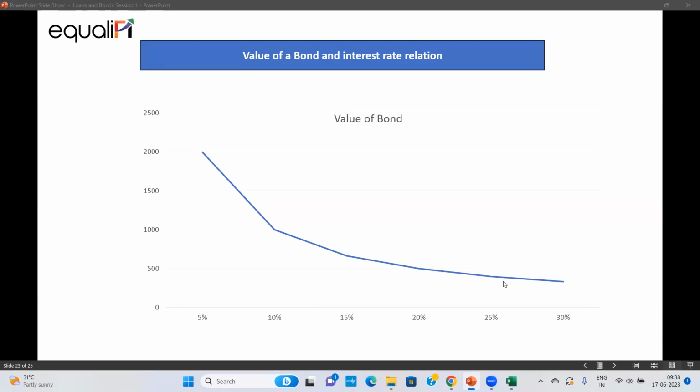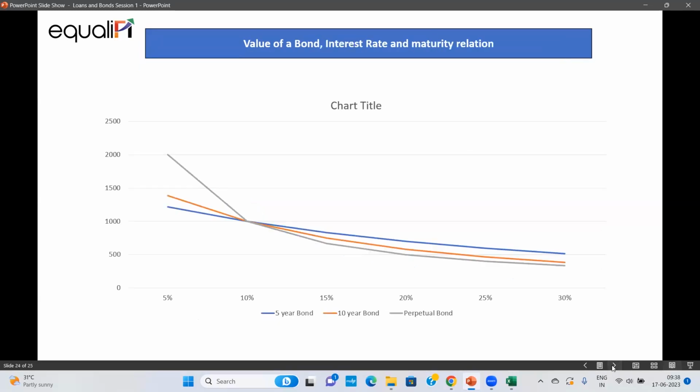Yeah. So inflation and currency movement are also a kind of intervening variable for a bond.